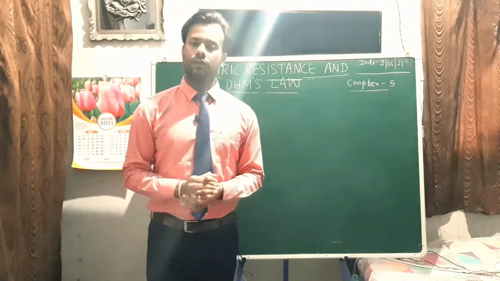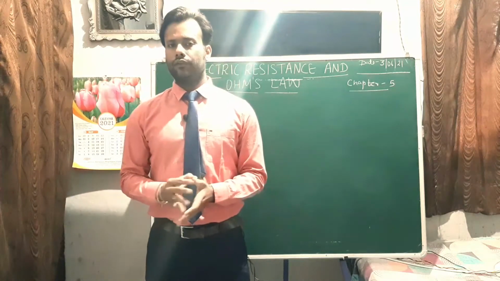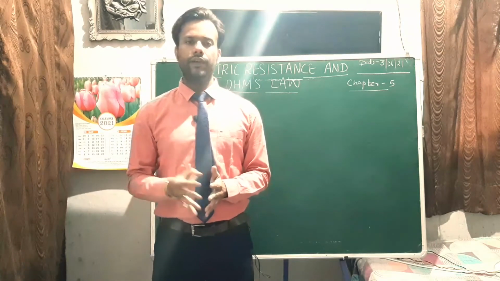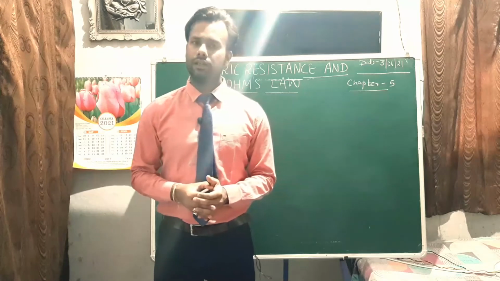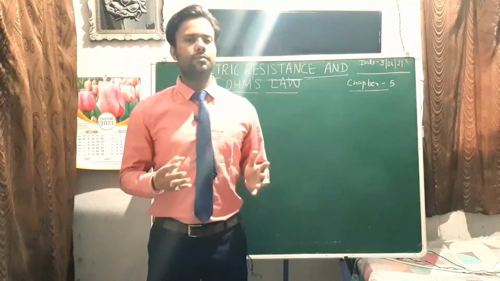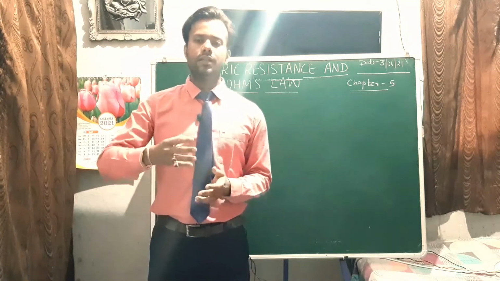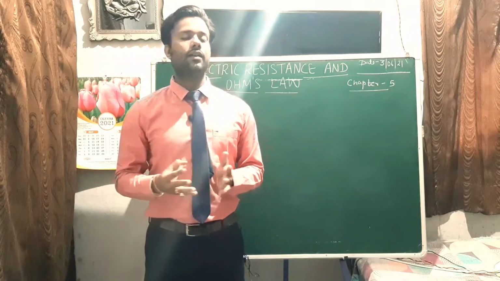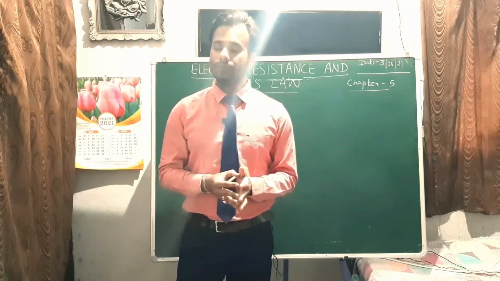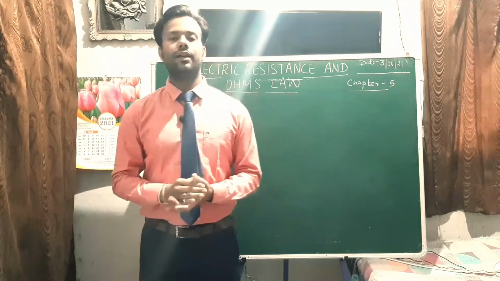This chapter is all about how current flows in a circuit, what factors affect the resistance of a conductor, what the basic fundamentals behind resistance are, how resistance is provided by any conductor, and how we can change this resistance, and what the effect of resistance on the current in the circuit is.